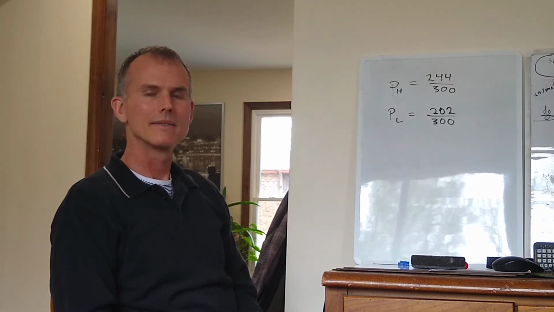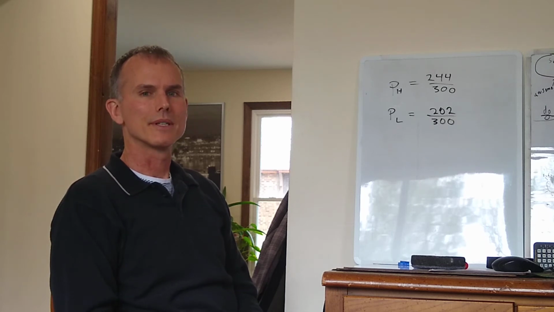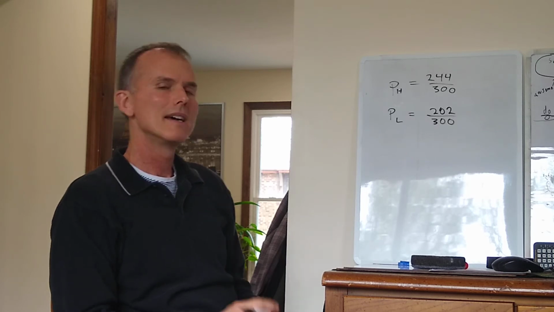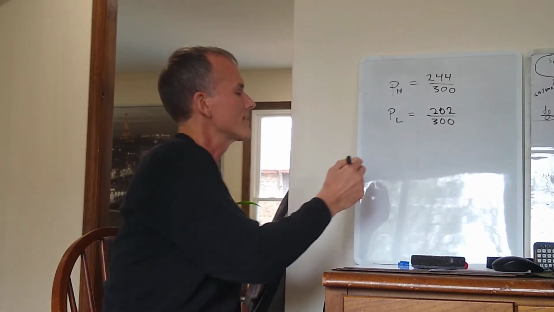All right. Now, what we'll do to start this hypothesis test is the same thing we've always done when we first start a hypothesis test, and that is to define the parameters of interest.